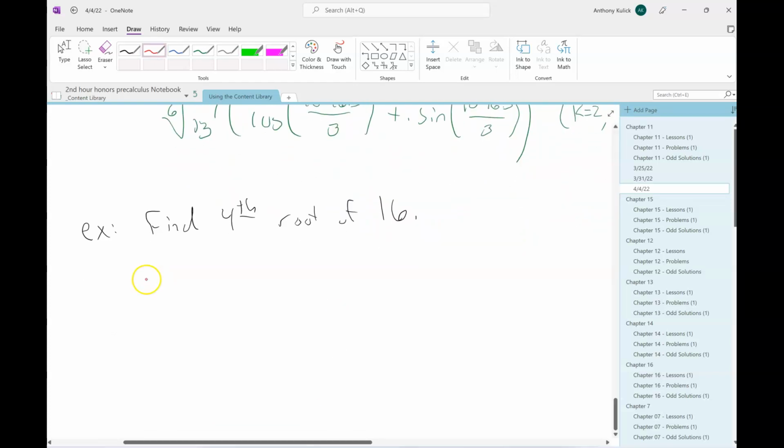All right, convert this to trigonometric form. 16 is here, right? So the r is 16 and the theta is 0. So 16 is 16 times cosine of 0 plus I sine 0.